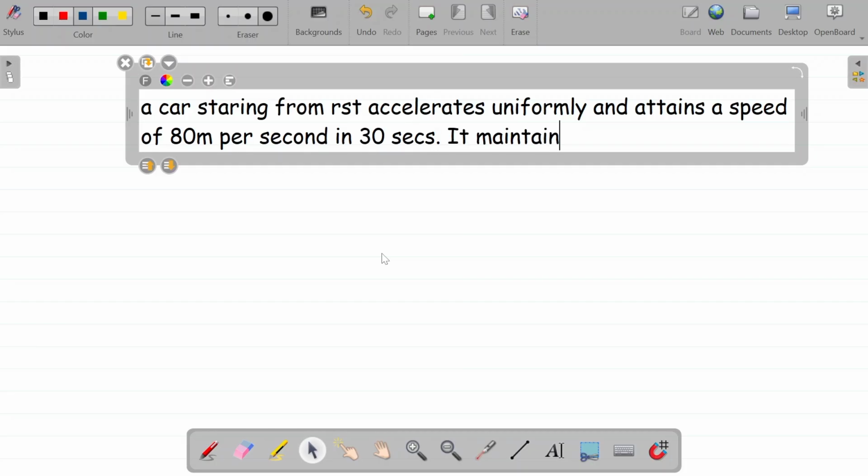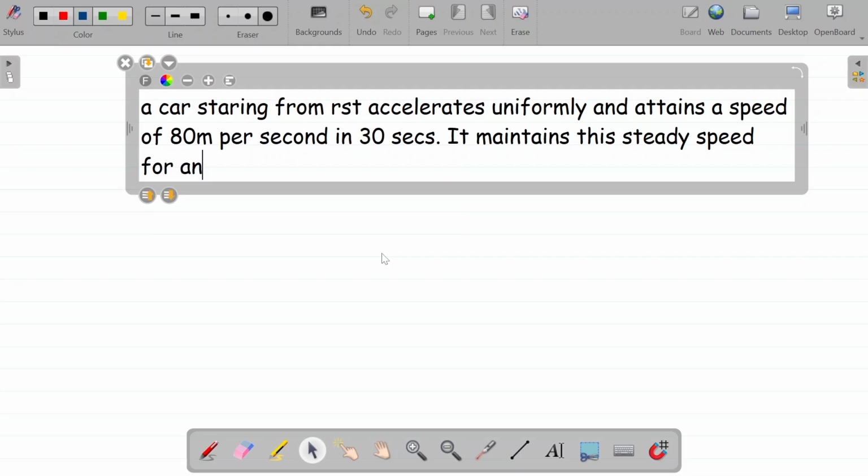It maintains this steady speed for another 30 seconds.